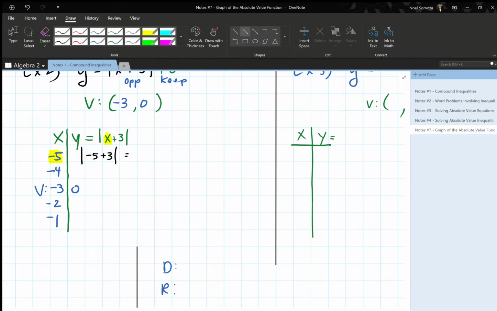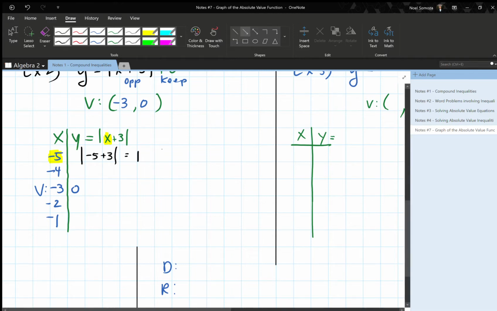Yeah, you solve it, you simplify them, right? You combine them. So this gives me still absolute value of negative 2. And then what is the absolute value of negative 2? 2. Okay. Nice. All right, keep moving. Absolute value of negative 4 plus 3. That gives us the absolute value of what? Negative 1, which is equal to 1.